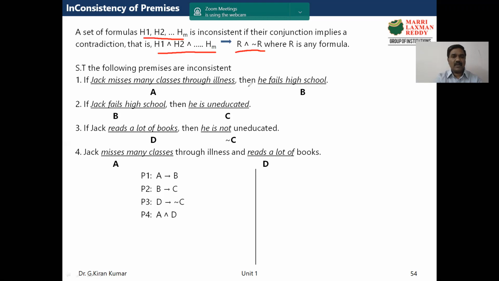Statement two is, if Jock fails high school, then he is uneducated. Statement three is, if Jock reads a lot of books, then he is not uneducated. The fourth statement is, Jock misses many classes through illness and reads a lot of books. Now we need to show that these statements are inconsistent.